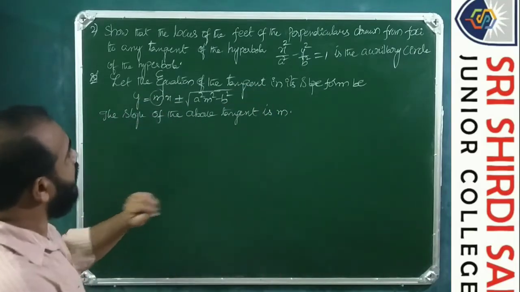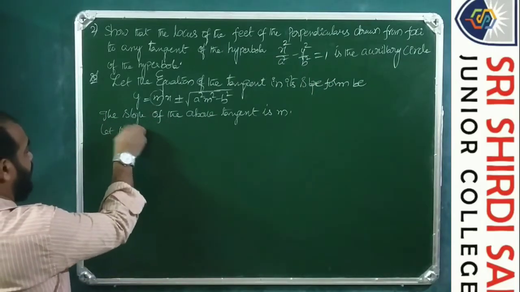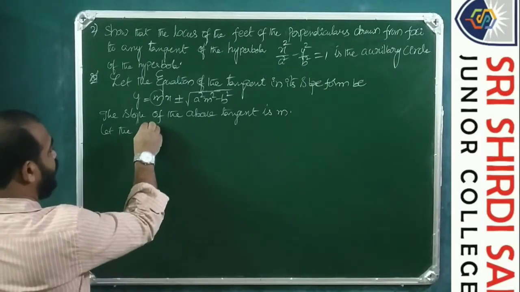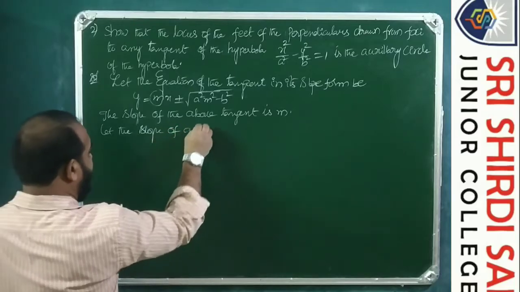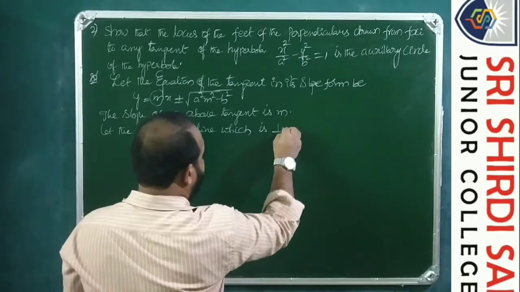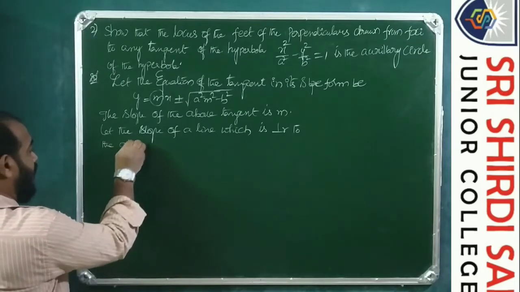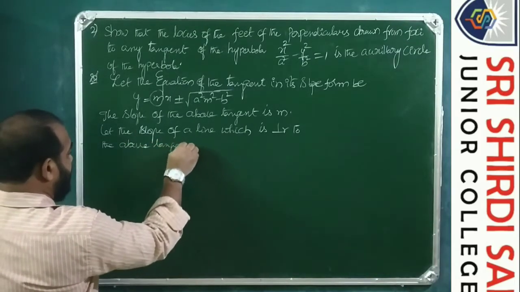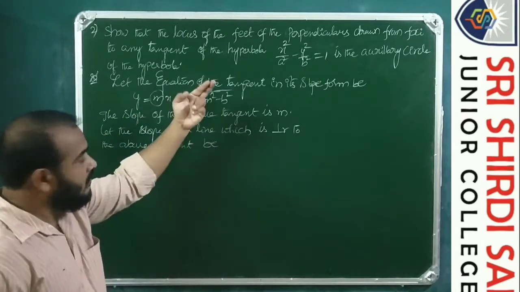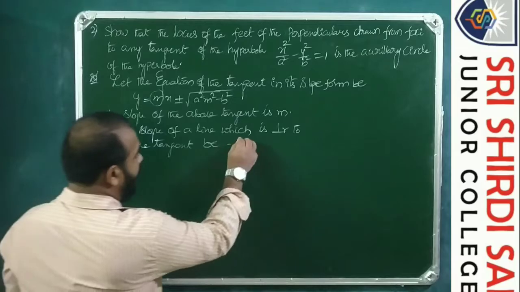So, the foot of the perpendicular. Let the slope of a line which is perpendicular to the above tangent be... If its slope is m, then the slope of a line perpendicular to this is minus 1 by m.